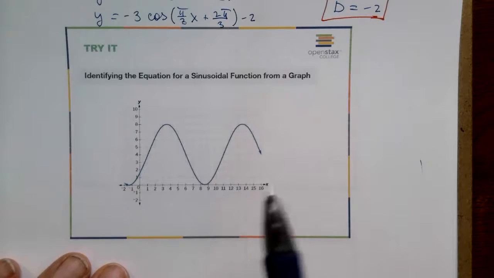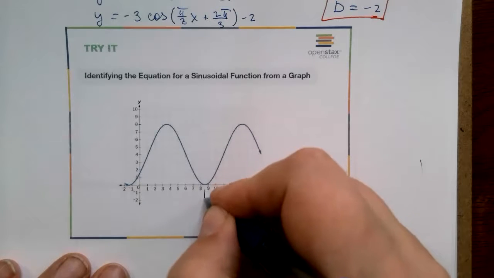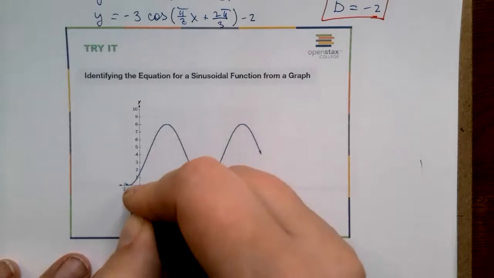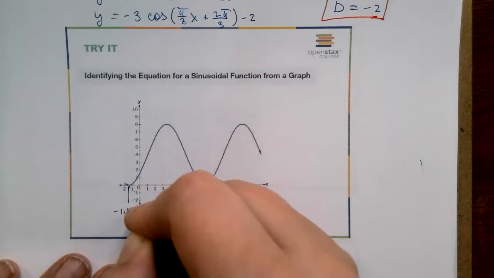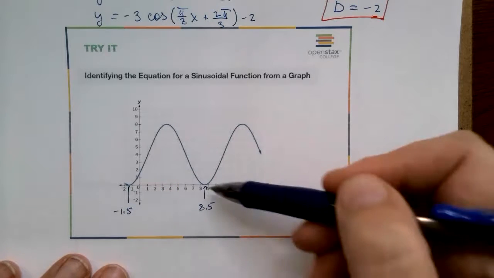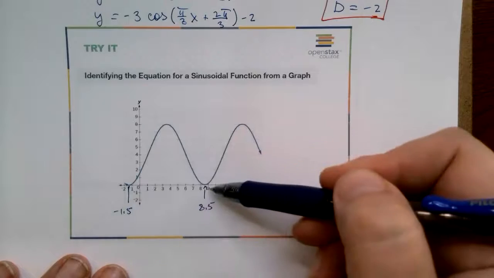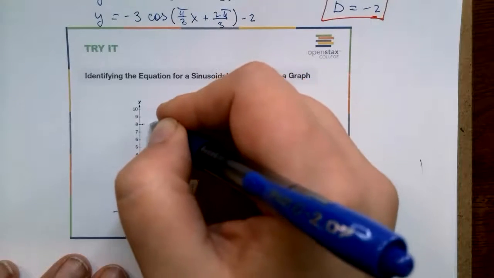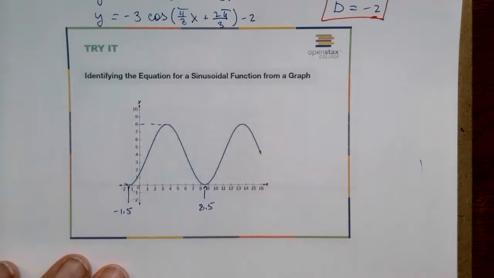Here it's positive 8.5. So this is 8.5. This is -1.5. And it doesn't fall below the x-axis, and the tallest point here is 8.